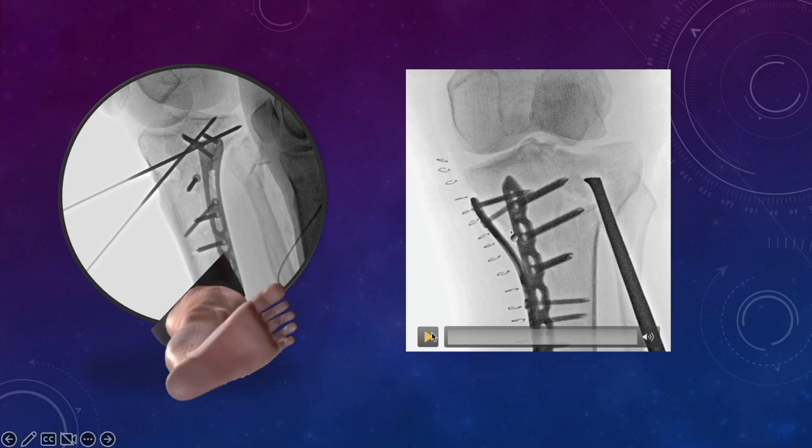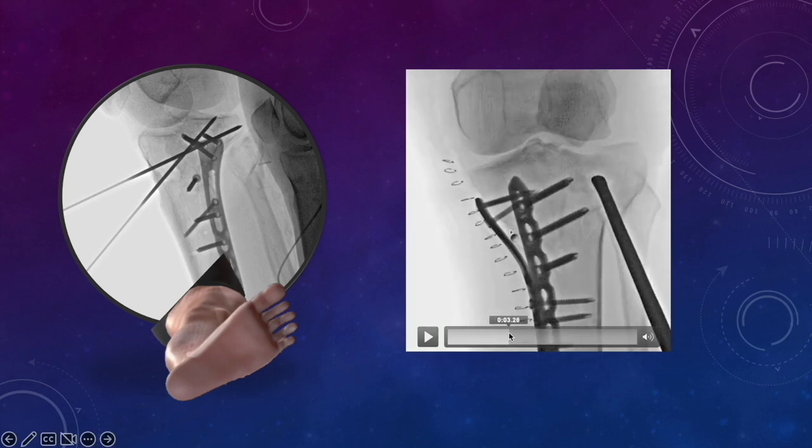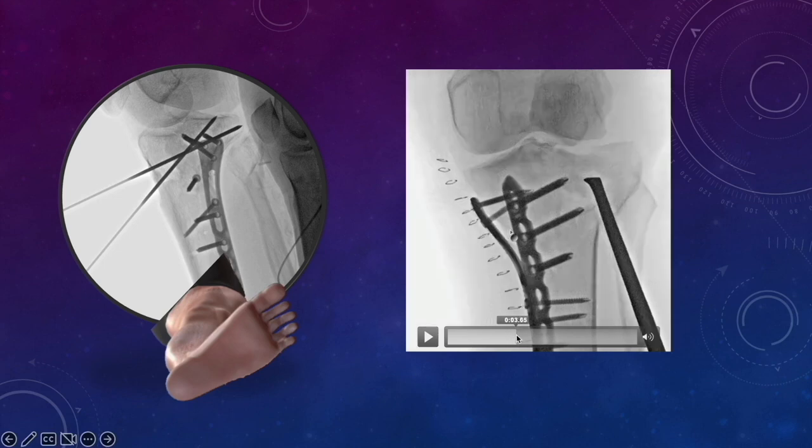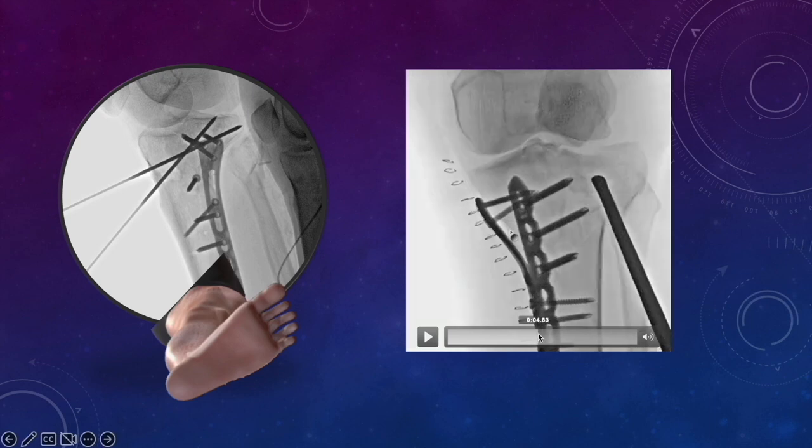For example, in this AP view, we are lifting the depressed tibial plateau fracture, and while impacting it, we are able to feel the subcondylar bone, and simultaneously we are able to see the movement of the depressed fragment as well. That means we are beneath the depressed fragment. But if we are not able to feel the resistance and the bone is not moving, that means we are going somewhere else.